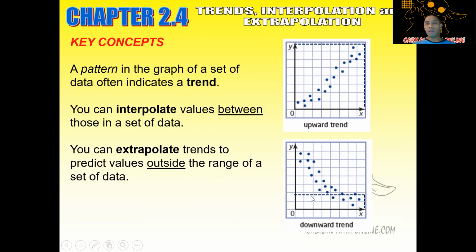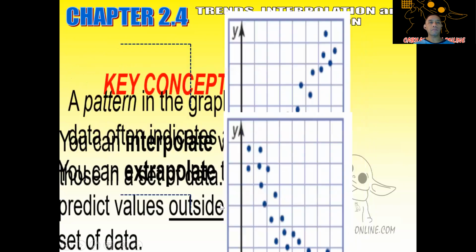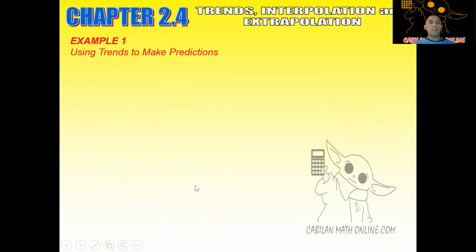So for both of these graphs, each ordered pair on the Cartesian plane is a given piece of data on a table of values, and the ones that I have drawn here, in this case the blue line, are the predictions beyond that set of data. All right, so let's take a look at examples so we have a better understanding of how extrapolation and interpolation works.